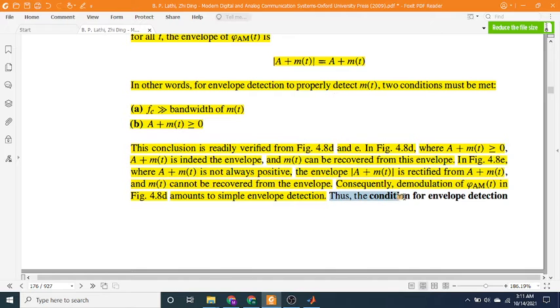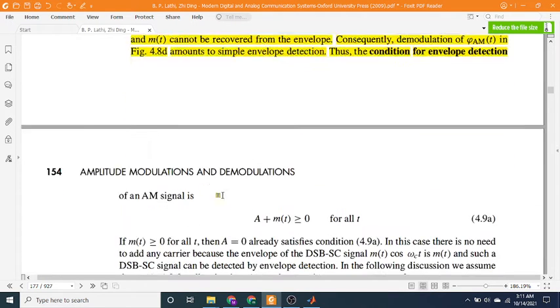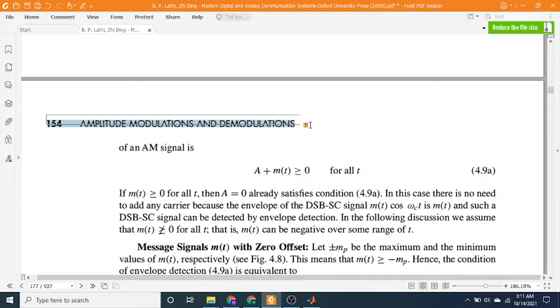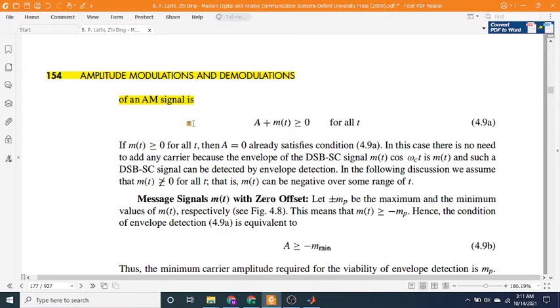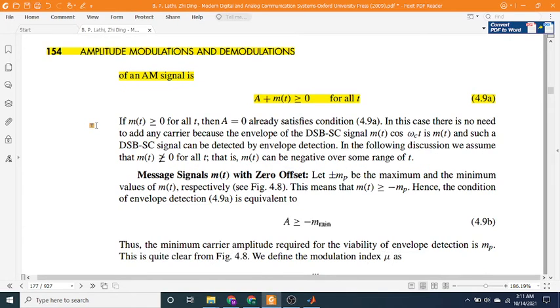Thus, the condition for envelope detection of an AM signal is A + m(t) ≥ 0 for all t (4.9a).